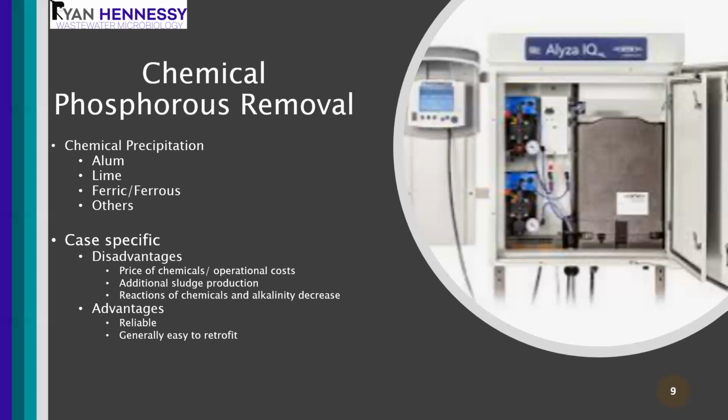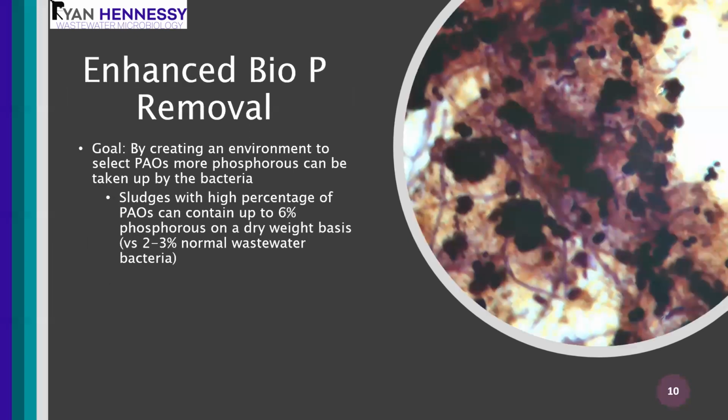Some advantages with chemical phosphorus removal is it's very reliable, and it's easy to retrofit and basically add chemical phosphorus removal if you need to. And there's a lot of emerging technology where you can also monitor the orthophosphate online and basically dose chemical accordingly, so you only use what you need to in terms of your chemical and the associated costs.